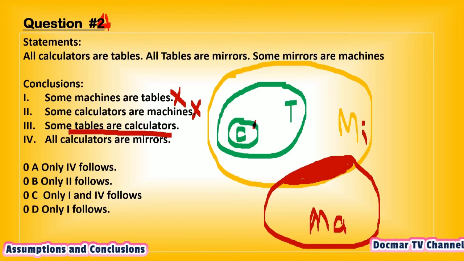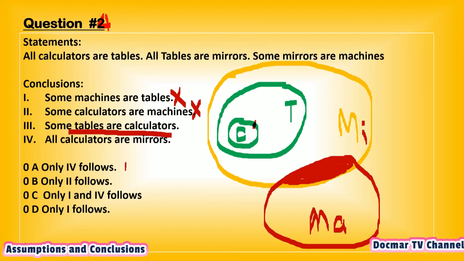Meaning to say, there is no "some" between calculators and tables; all are calculators. All calculators are mirrors. The mirrors circle includes the calculators. We can decide that all tables are also mirrors, but in conclusion number 4, all calculators are mirrors.